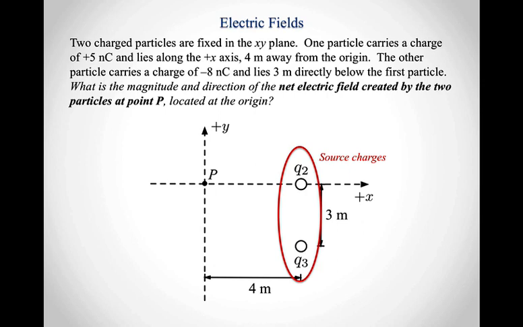So what that's going to allow us to do is say, we can figure out how our two source charges are influencing the space around them, including at point P. If we then want to know what the net electric force would be on charge Q1, we have an equation that lets us figure that out.